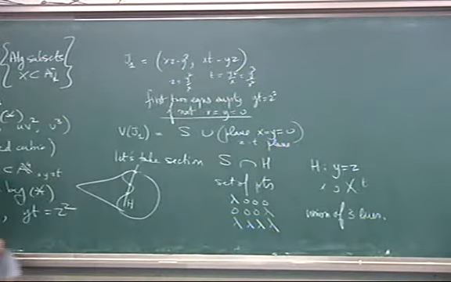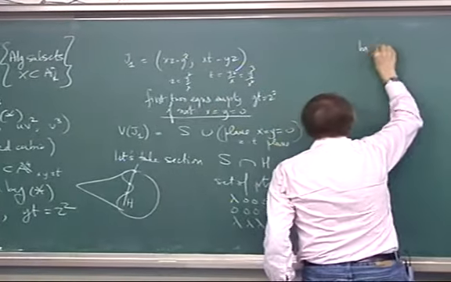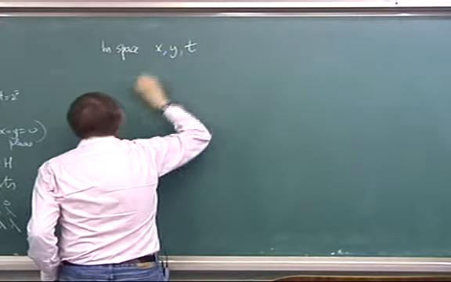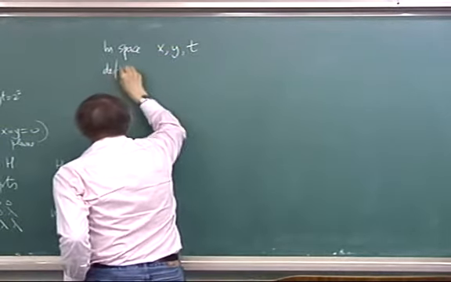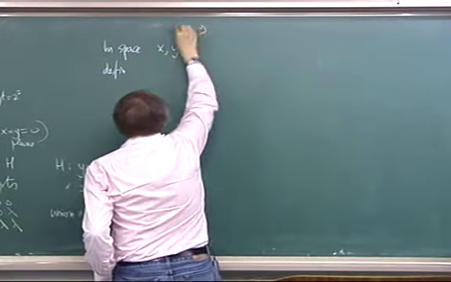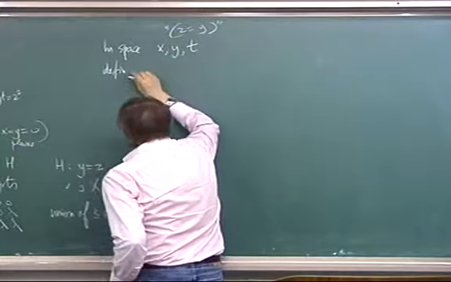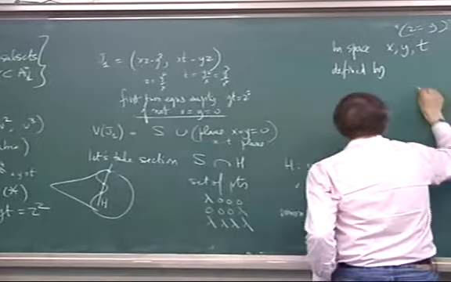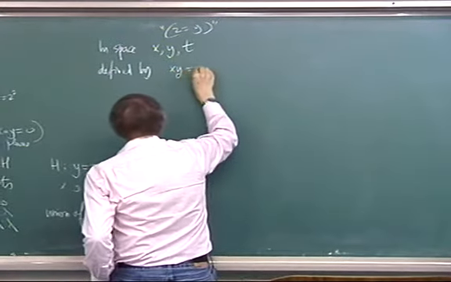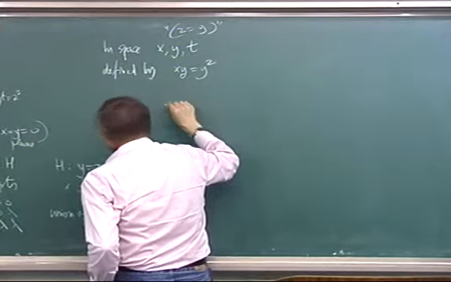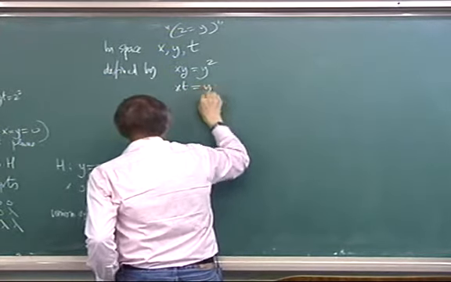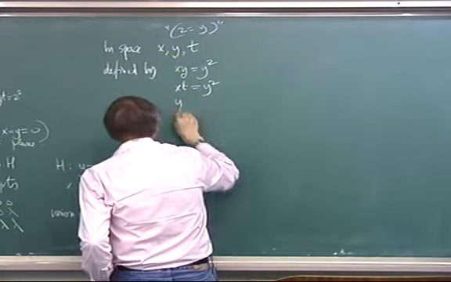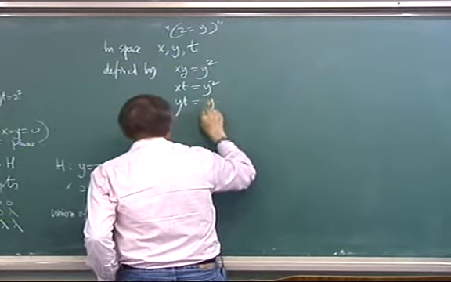This is going to be in space x, y, t, with z equals y, and defined by these same equations: xy equals y squared, and xt equals y squared, and yt equals y squared.